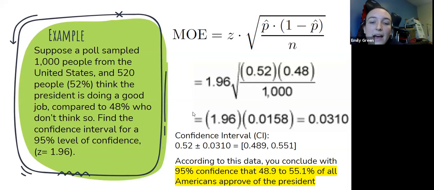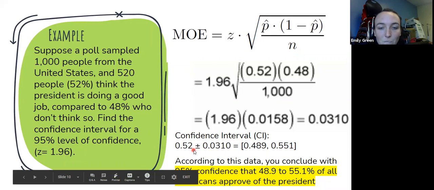So the way that I solve that, I'm taking my proportion 0.52 here, and I'm going to add 0.031. That's how I got my 0.551. And then I subtract as well. So that's what this plus or minus means, is I'm going to do two things. I subtract to get the 0.489. I add to get the 0.551.